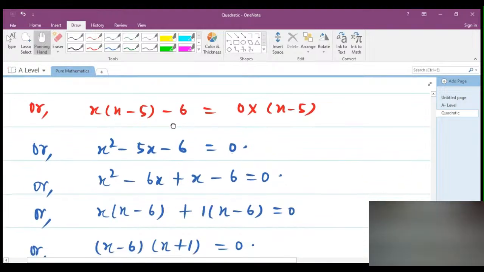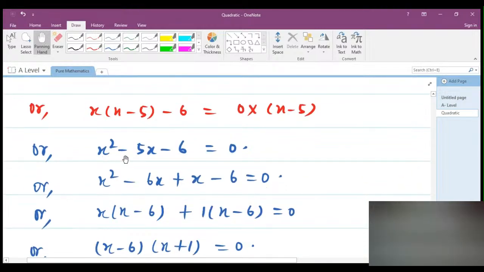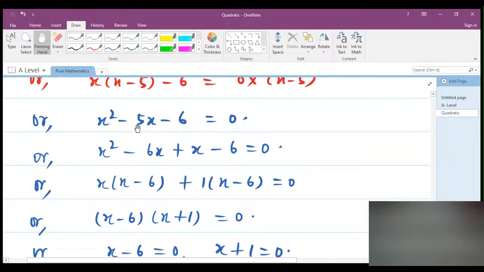So the next step will be x square minus 5x minus 6 equal to 0 into x minus 5 equal to 0. So we break minus 5x. So here will be x square minus 6x plus x minus 6 equal to 0.